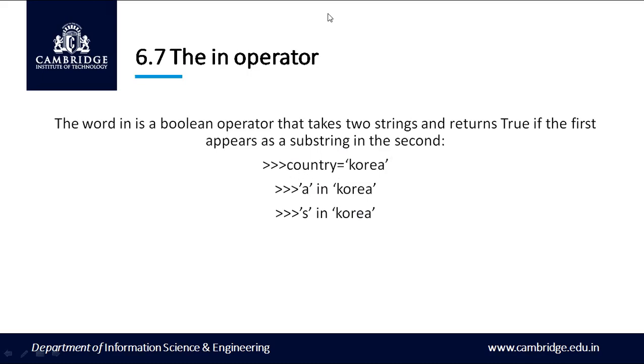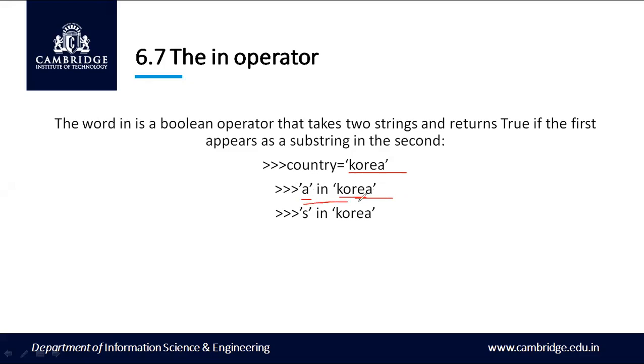The example here is the string Korea. We are going to check whether the character A is present in the string Korea. If A is present in Korea, it returns true.